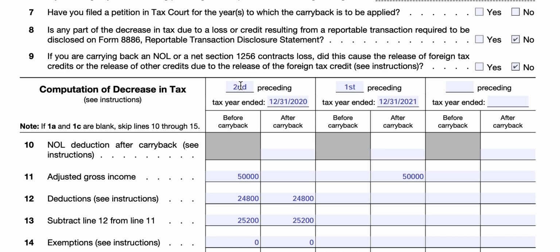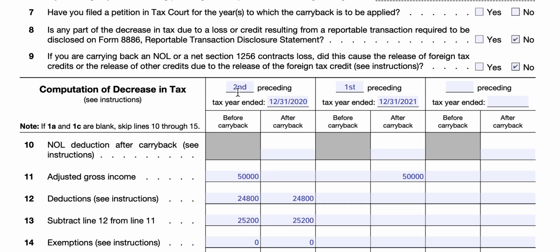So second preceding tax year ended 12/31/2020, and then in the middle column, your first preceding tax year. Obviously, if you have different rules that apply to your situation, follow those rules. If you need to insert a third preceding tax year, that would go in this column. Your second would go in the middle, and then finally your first preceding year would go into the final column.